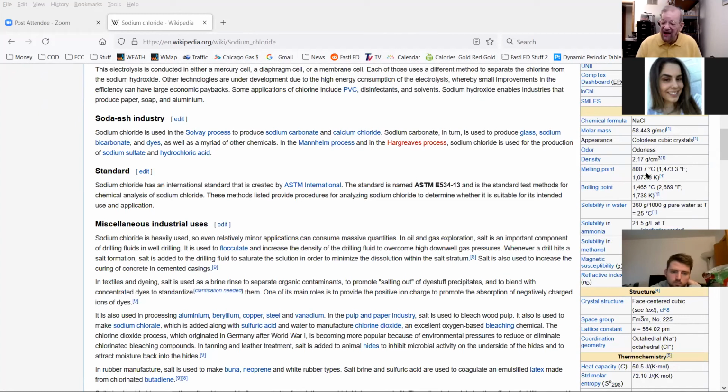It melts at around 800 degrees Celsius, which is 1,473.3 Fahrenheit, which means it's got a very, very high melting point. Just for reference, water, which is not an ionic compound but a covalent compound, melts at 0 degrees C, 32 degrees F.